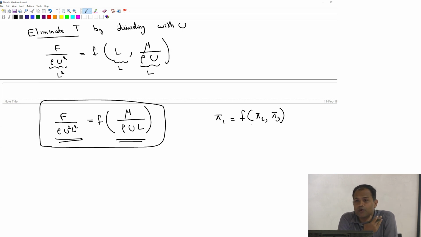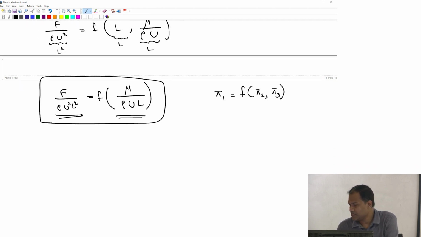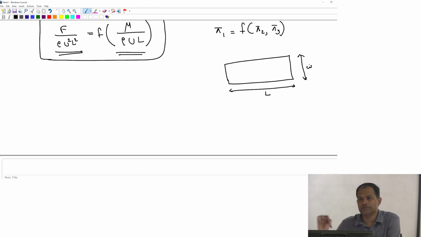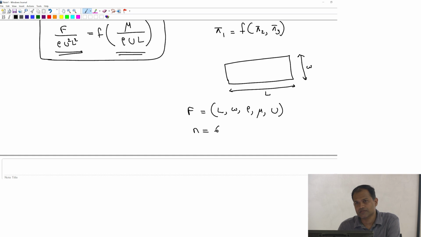So, originally if your problem contained 6 variables, let's take the same situation. You only asked last time probably that if the shape was different, let's say that it has a length L and let's say a width W. Let's say the third dimension is also W. Then our f is going to be a function of L, comma W, comma rho, mu, U. So, here n is going to be 6, okay.